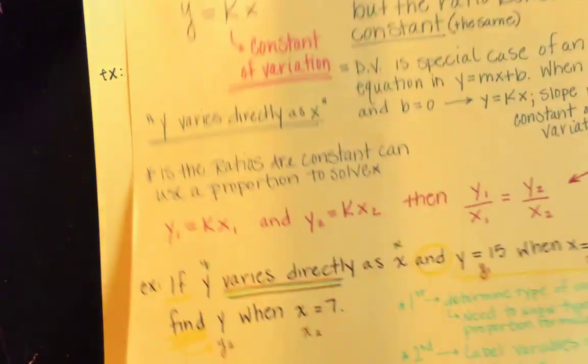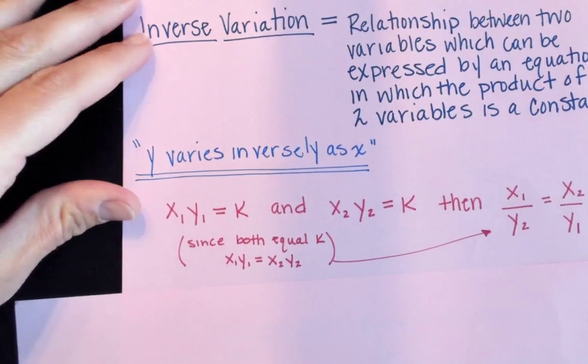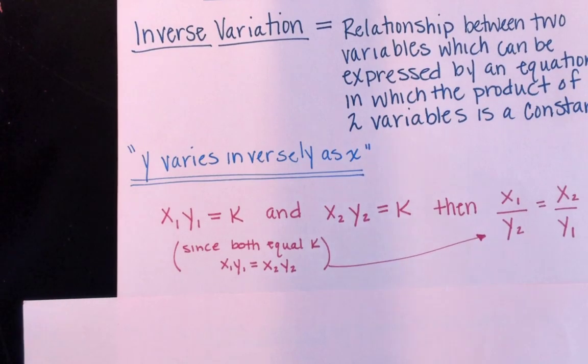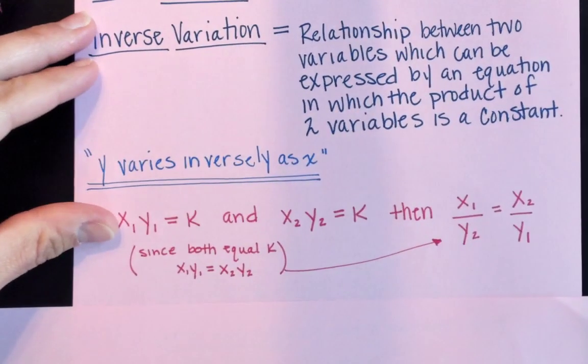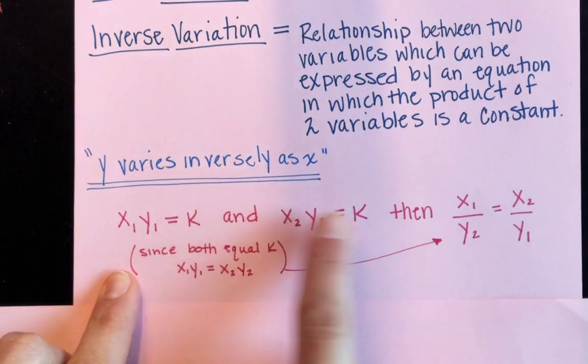You'll notice the steps are going to be a lot of the same. And with inverse variation, we still have our relationship with variables. It can be expressed in our function notation, except the two variables always multiply together to give us the same constant.